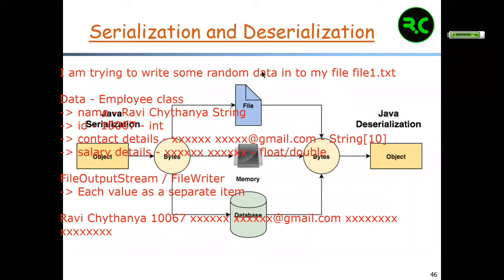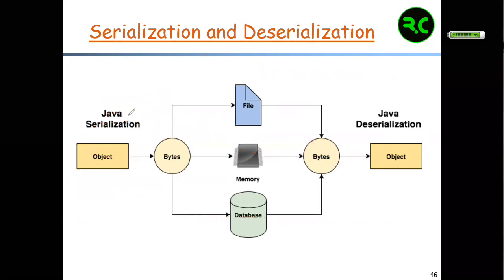So in Java serialization, I have an employee object E1, and that object is going to be converted to bytes with the help of file output stream.